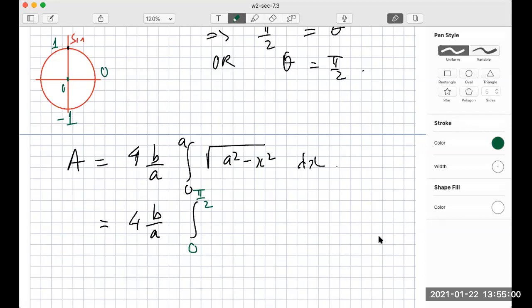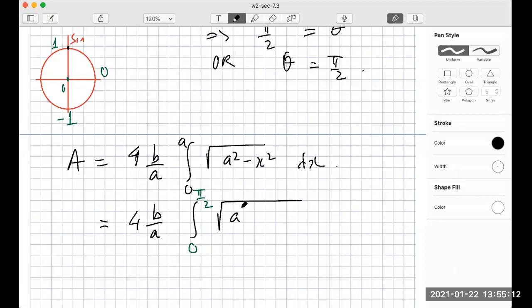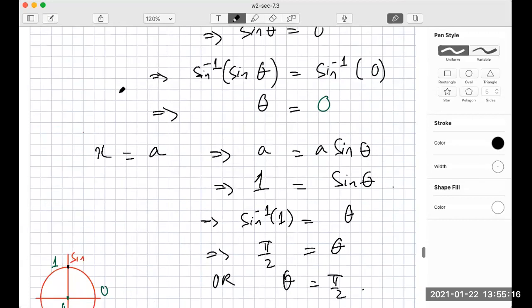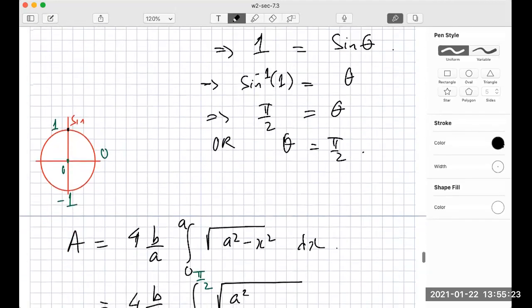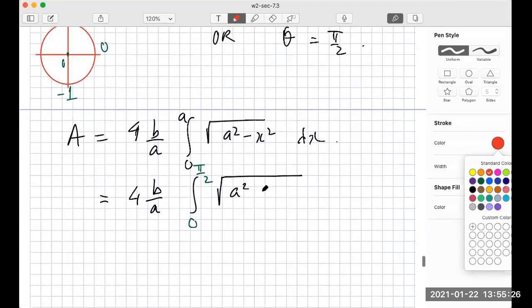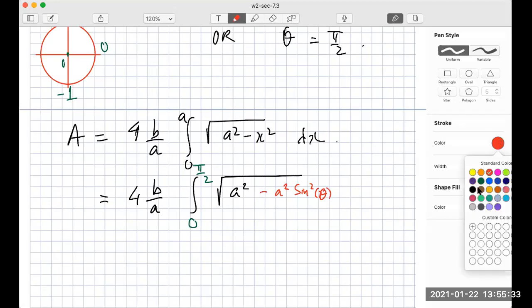Now I do it. Thank you, Audrey, for reminding me. So, and here, this is a squared. We just rewrite it, right? And x squared. We have x is this guy, then x squared will be? Yes, it will be a squared sine squared theta.